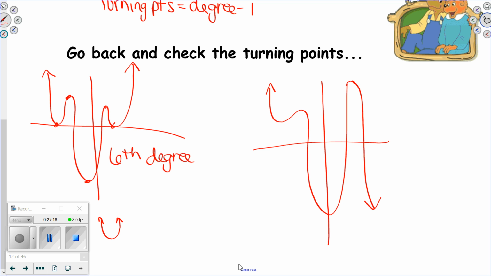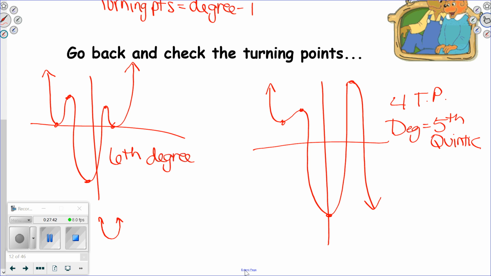How many turning points does that have? It has 4 turning points. So 1, 2, 3, 4. So what degree is it? It is a 5th degree, but you would use your fancy name, which is a quintic. Is that even or odd? It'd be odd.